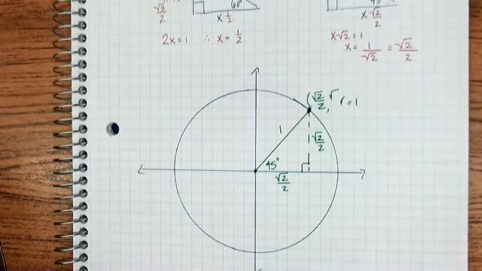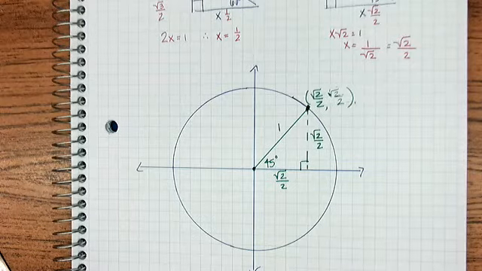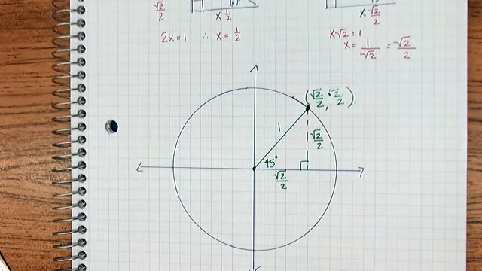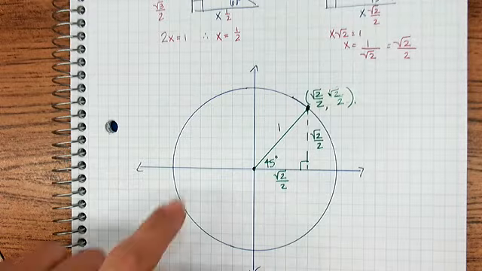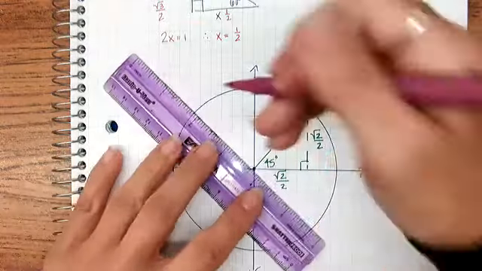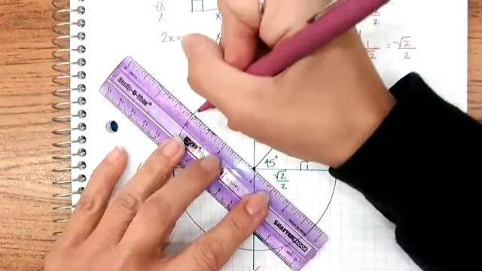Let me fix that. You get the ordered pair, root 2 over 2, root 2 over 2. Okay. Now, I could do the same exact thing for a 30-60, and I'm going to demonstrate that in quadrant 2. So I have some angle, and I'm not going to draw it exactly.